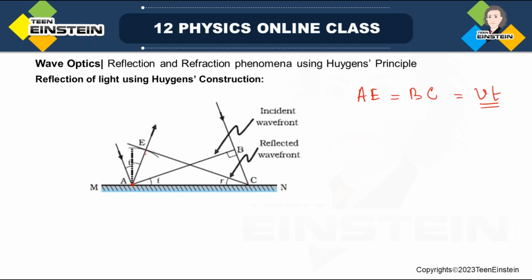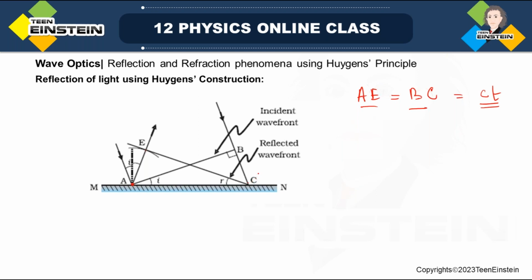This distance AE and BC will be the same because both are traveling with the same speed, and if it is vacuum then it is c, for the same time t, so their distance will be the same.